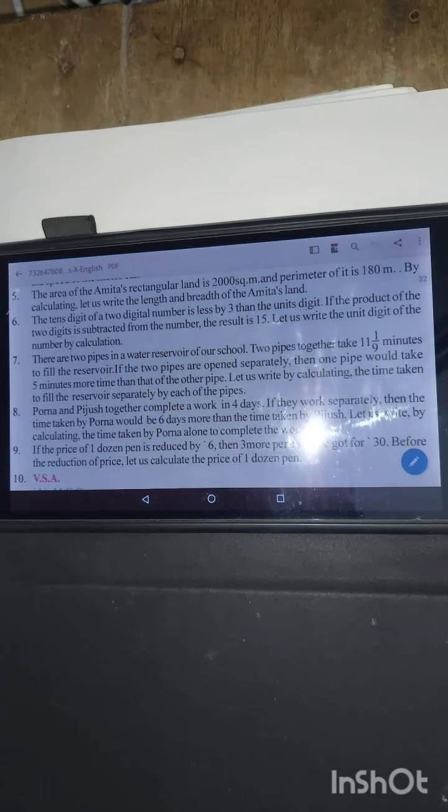Two pipes together take 11 whole 1/9 minutes to fill the reservoir. If the two pipes are opened separately, then one pipe would take 5 minutes more time than the other pipe. Let us write by calculating the time taken to fill the reservoir separately by each of the pipes.